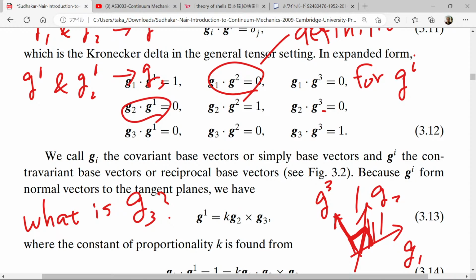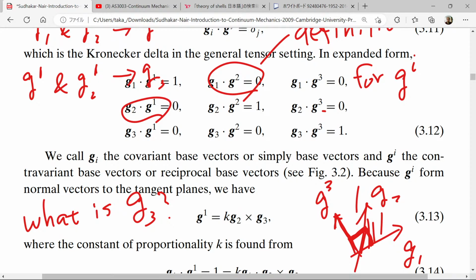We call Gi the covariant base vector or simply base vector, and Gi up the contravariant base vector or reciprocal base vector, because Gi up form normal vectors to the tangent planes.